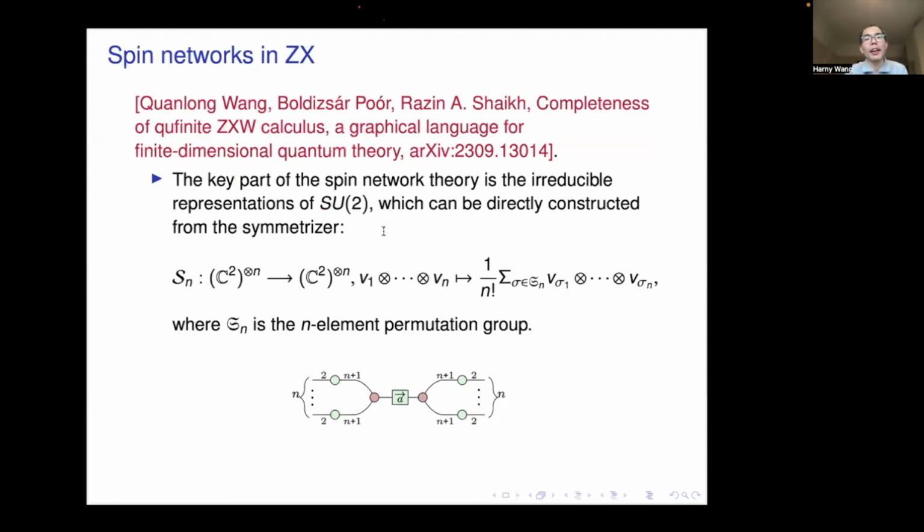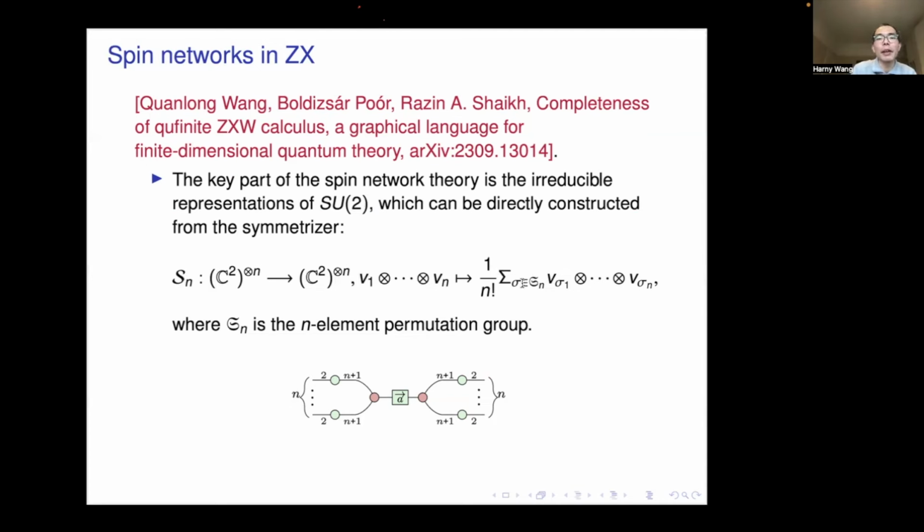The key part of the spin network is the irreducible representations of the SU(2) group. So basically this is what people call the symmetrizer. The representation is basically a symmetrizer, and if you use it as a linear map, it is this.